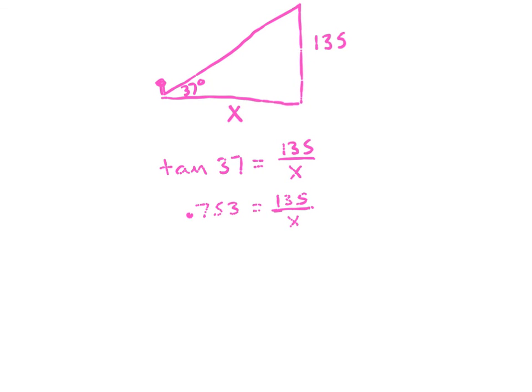We multiplied before because that was dividing x, but now it's not. You'd multiply 1 over 135 on both sides, which is basically just dividing 135 from 0.753. So this cancels out, but then we're left with 1 over x here.